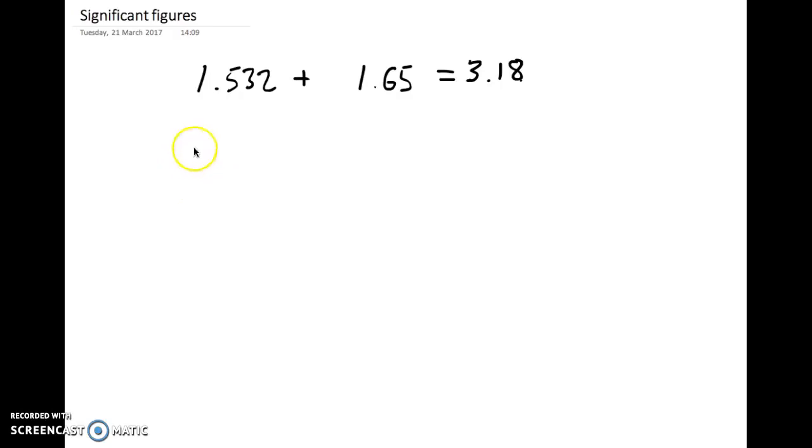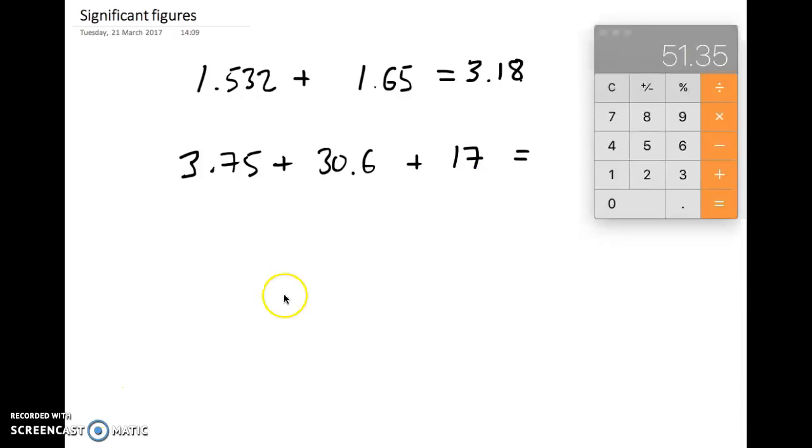Okay, let's do another sum. So let's try a few numbers. 3.75 plus 30.6 plus 17 equals. Okay, if we do this sum on the calculator, we end up with 51.35.